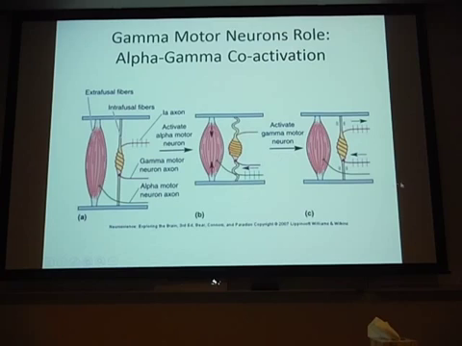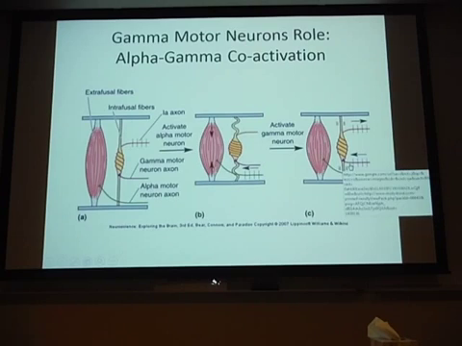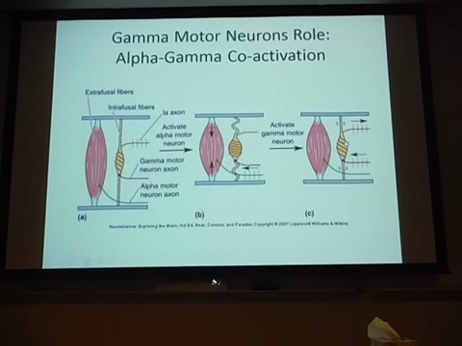What does happen, hopefully in all of us, is that as your alpha motor neuron contracts and causes shortening of the muscle, we get a co-activation of the gamma motor neuron, which tells the spindle ends to contract and stay tight, and that allows the 1A afferent fiber to keep sending signals about muscle length back to the central nervous system. So again, the whole purpose, the existence of gamma motor neurons, is to make sure that the 1A afferents can keep doing their job.